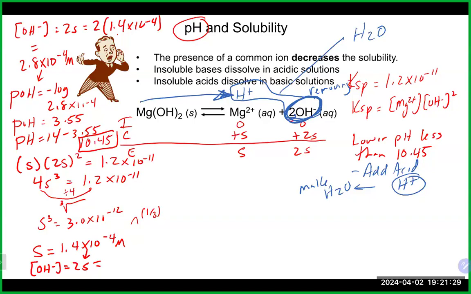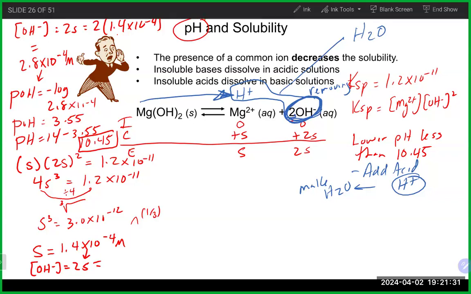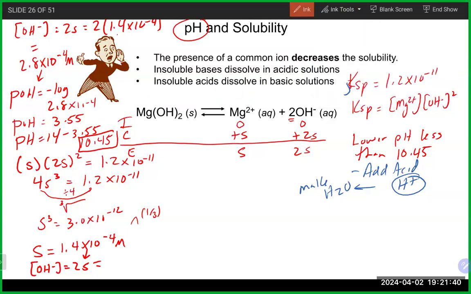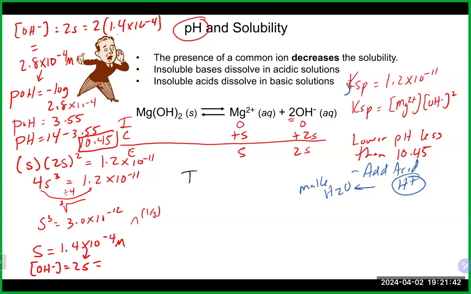Now, what would happen in the opposite case is if we decided, well, let's just say I want to increase my pH above 10.45. In order to increase my pH, I would most likely need to add, in this case, a base, which essentially means I am adding hydroxide.